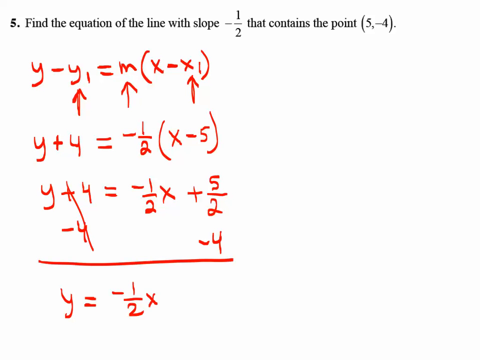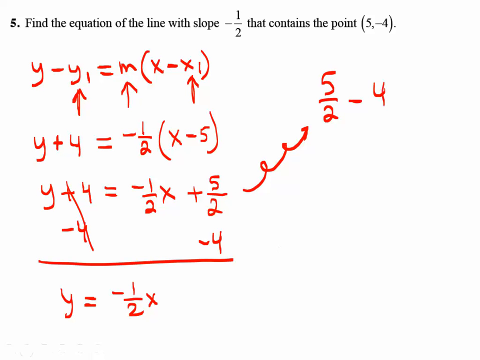That's good to go, but we've got to do all this right here. 5/2 subtract 4. Is it -3 over 2? I think so. Let's see.